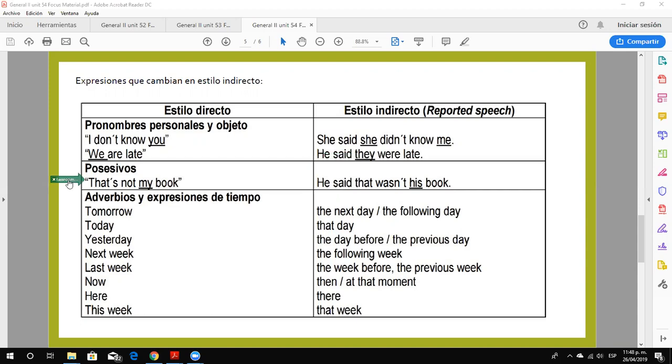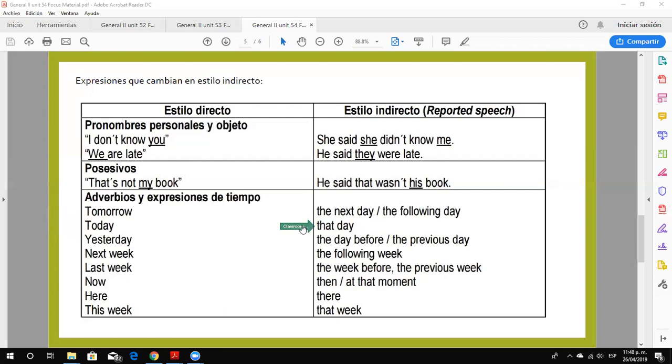The possessives: "That's not my book." In reported speech, "He said that wasn't his book." Time expressions and adverbs. Tomorrow changes to the next day or the following day. Today changes to that day.